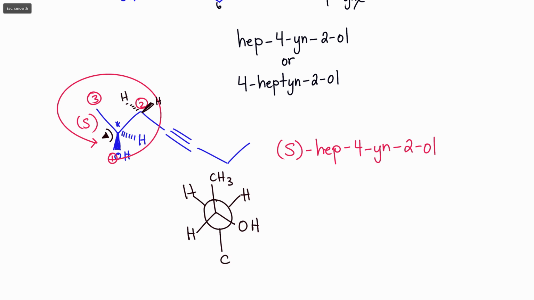This is a C. This is another C. This is a CH2 right here. And this is a CH3. That would be the Newman projection of that molecule. Okay?